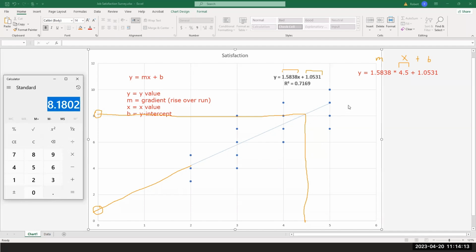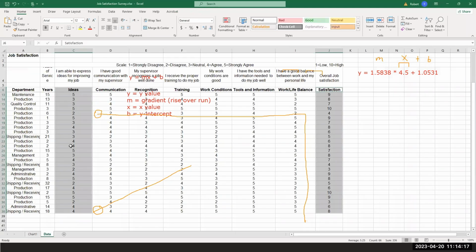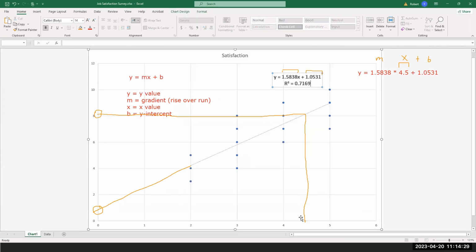So you can plot all your data out, just raw data like this, and tell Excel to build a scatter plot, tell Excel to do a regression, and then use that to predict some unknown y value from an x value that you've observed.